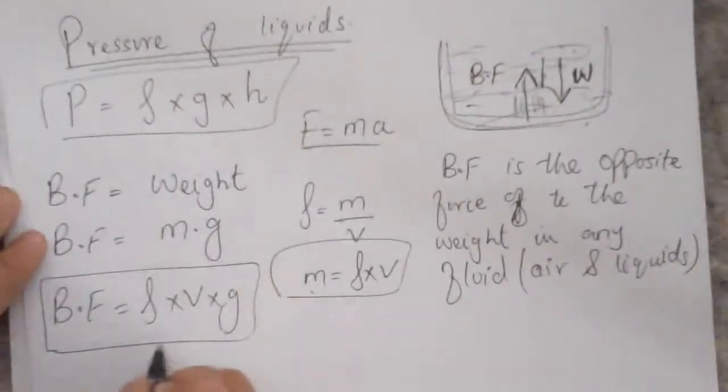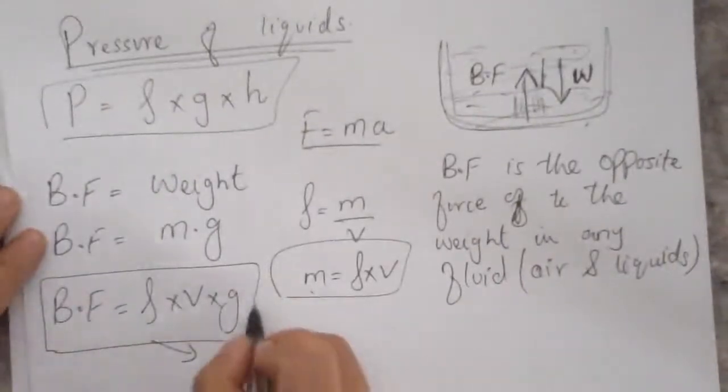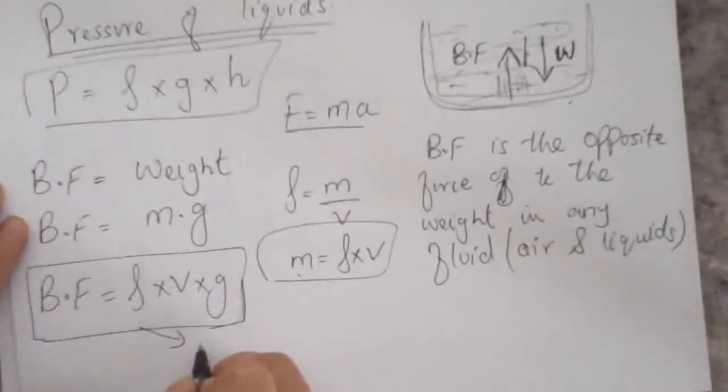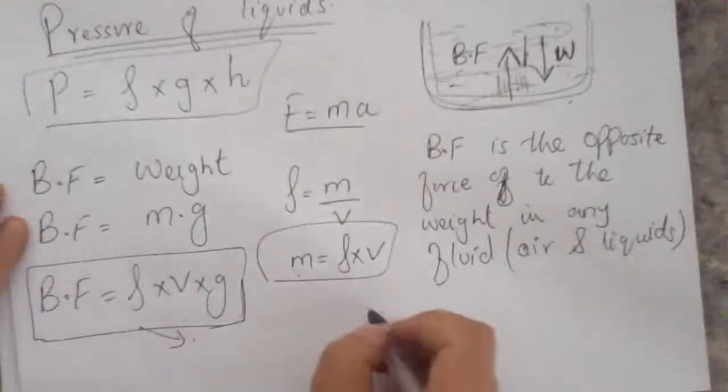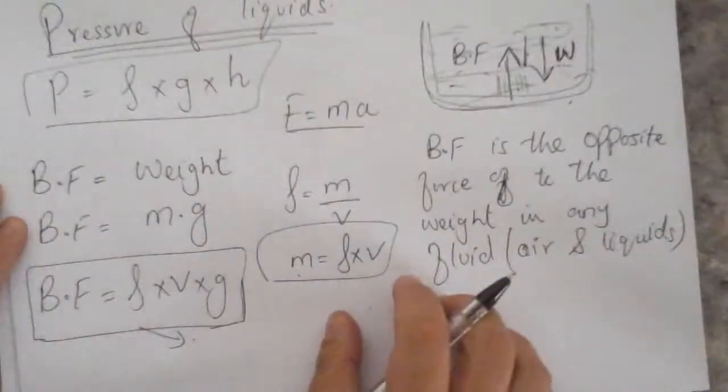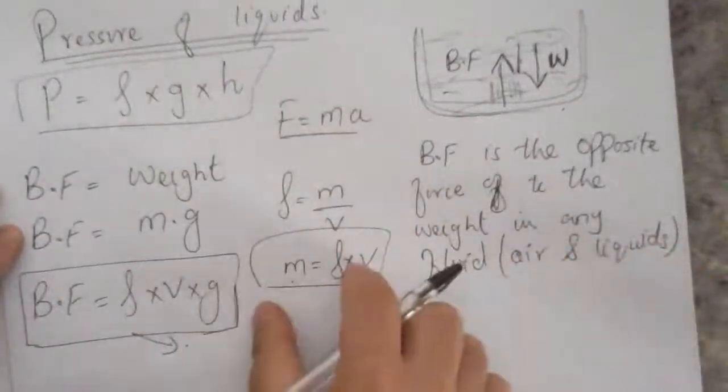According to this relation, what we conclude is that whenever you put something in water, the weight of the object gets decreased. Why? Because the value of g decreases.